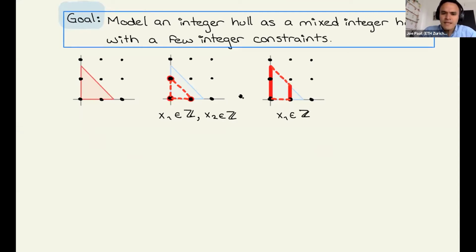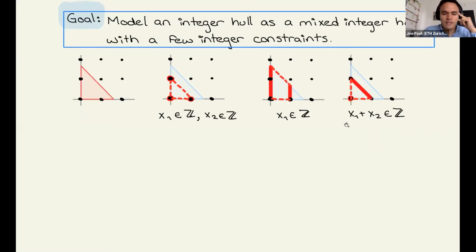And in this, we see that, well, it's not the same as the integer hull because we have some extra points that fall into this mixed integer set. But if we were a bit more creative with how we introduce integer constraints, suppose we only want the sum of the variables to be integer, then in this particular polyhedron, the points that satisfy this condition, again, form the integer hull.